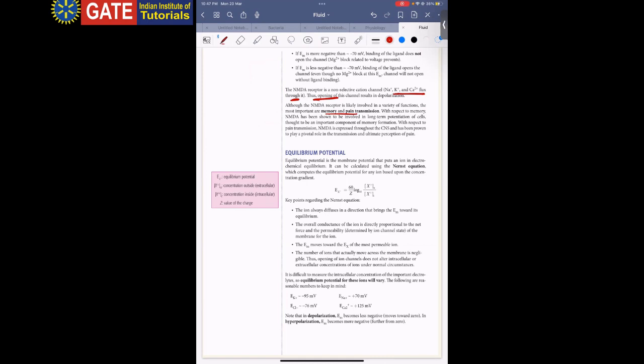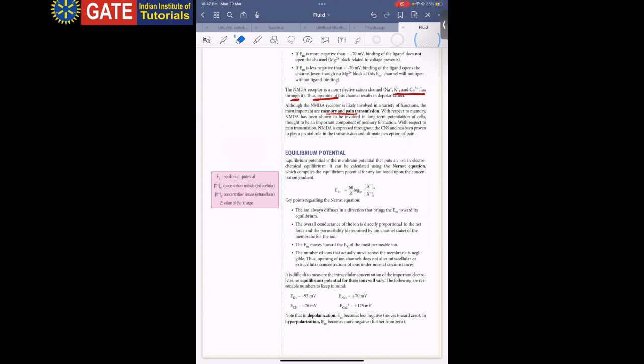Then let's talk about the equilibrium potential. As I said earlier, equilibrium potential is the potential difference that will put an ion in electrochemical equilibrium so that the ion cannot diffuse across the membrane. It will be stationary. So there is no net diffusion across the membrane.